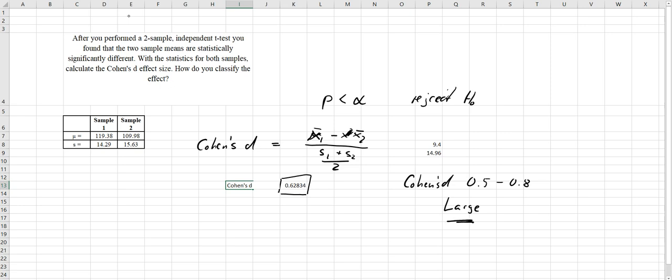And it's always good to give this Cohen's d because it gives actually a good indication whether we need to worry about a statistically significant effect. Cohen's d calculation only makes sense if our p-value is indeed smaller than our significance level.